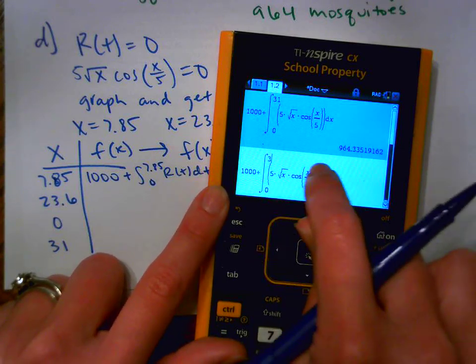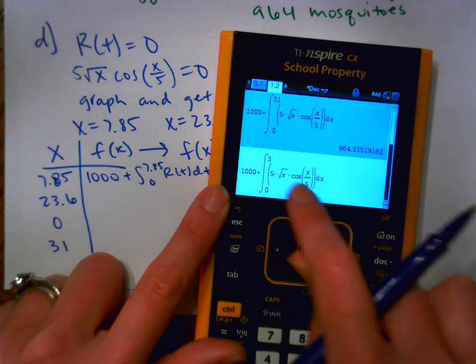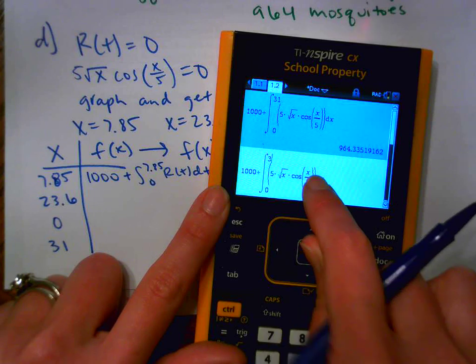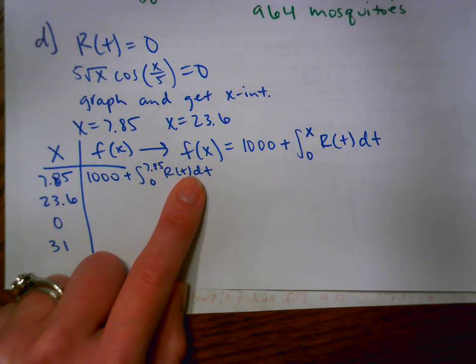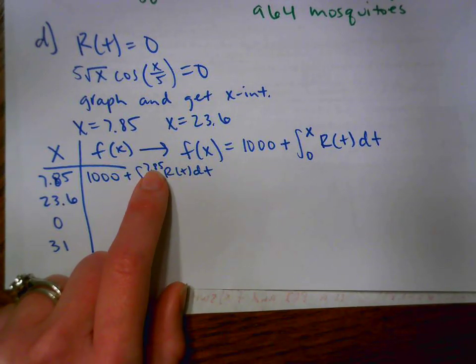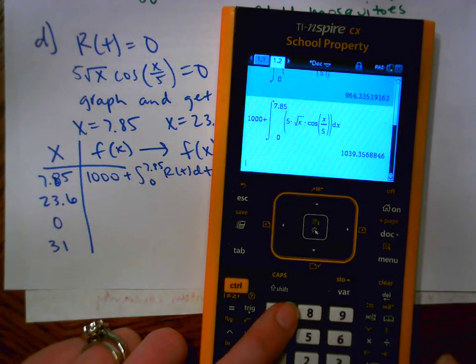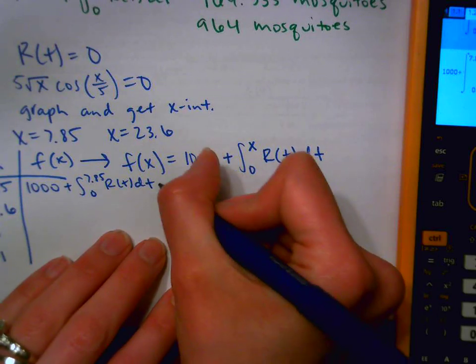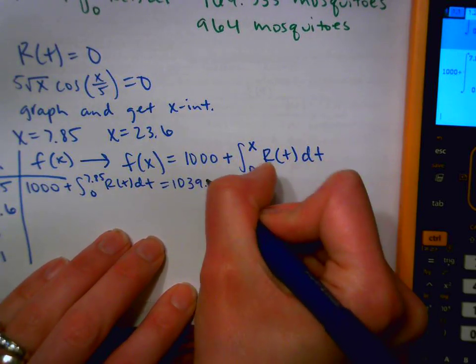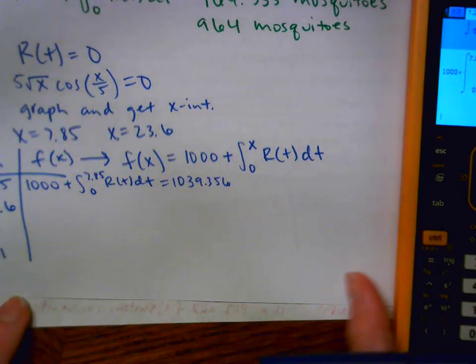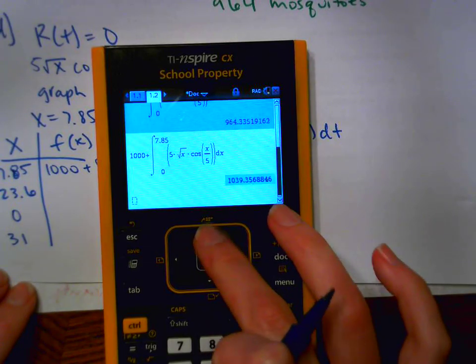You need to leave that an equation. It needs to be dx. There should be x's in there. That's why we changed it to t here. You're only plugging it in for that boundary. 7.85, and that is 1,039.356.